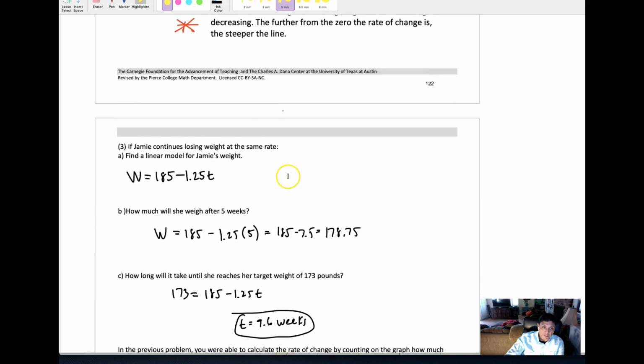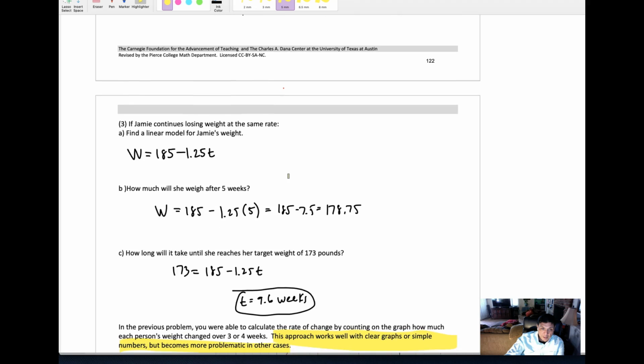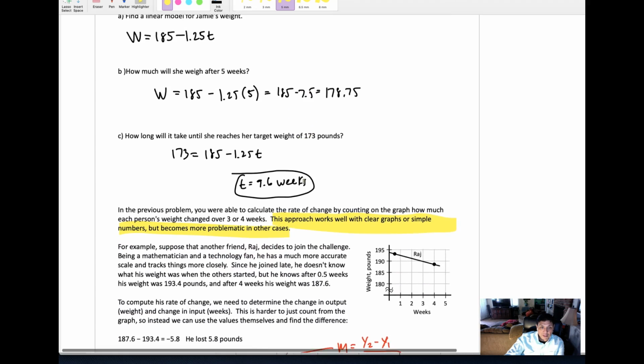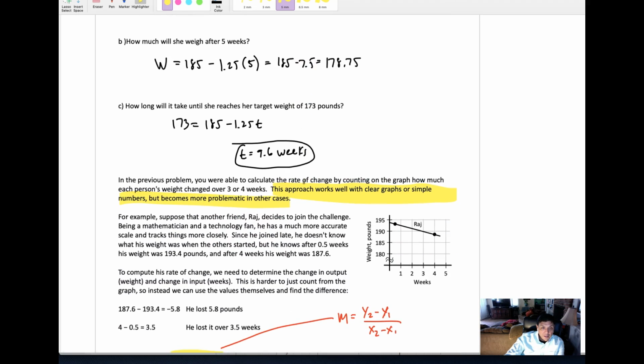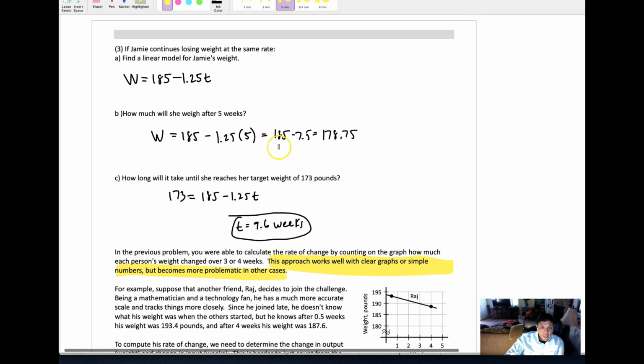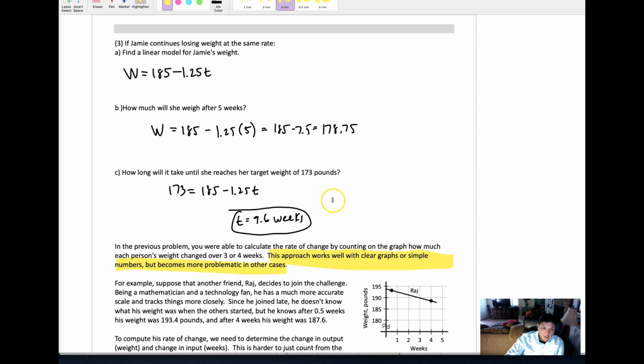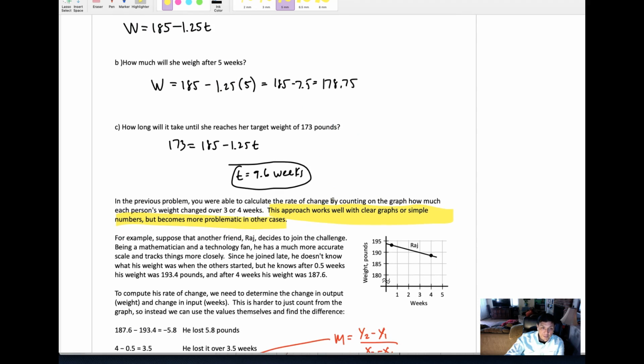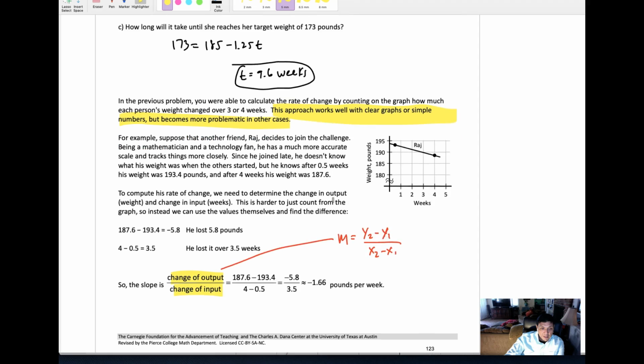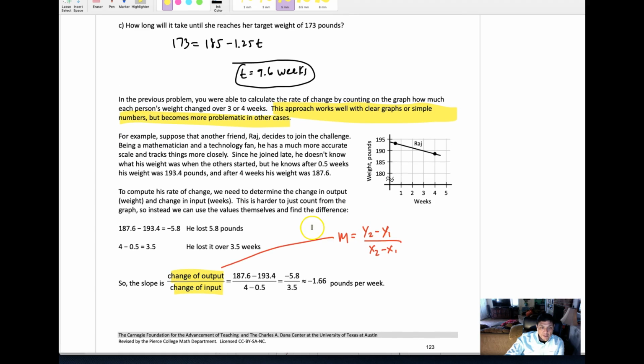That means 1.25 pounds per week. And then you can go ahead and answer those questions. And so looking at that, we have the answer to that. Notice we set 173 equal to your weight, and then you solve for t again, the number of weeks.